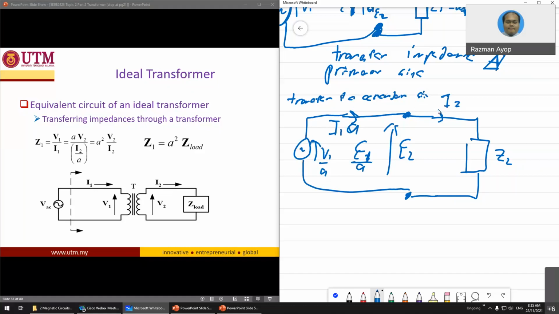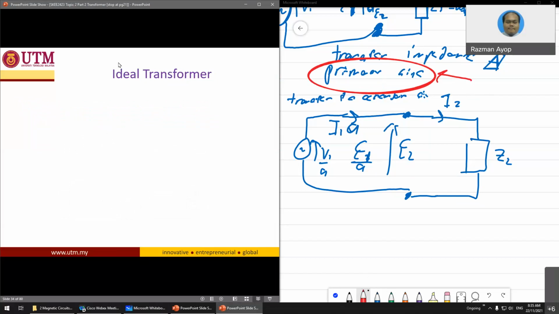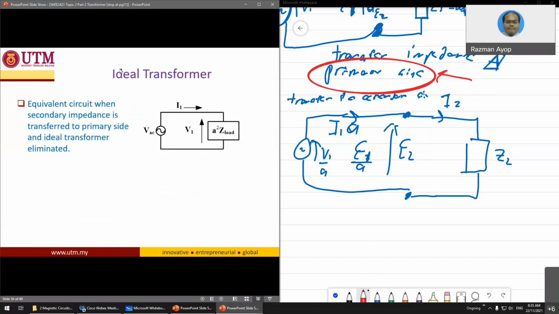Depending on the question, sometimes they ask you to transfer to primary, sometimes to secondary. But normally, they will ask you to go to the primary side. Always go to the primary side. I already explained before, this is just to eliminate the transformer.